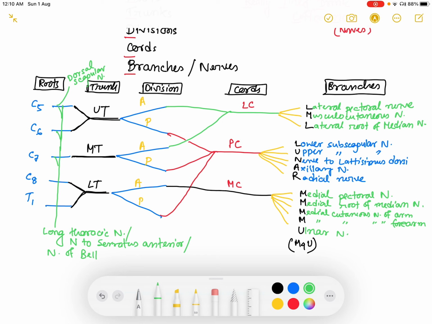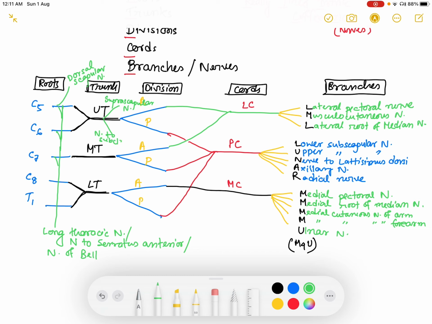And lastly, branches from the trunk. From the upper trunk there are two branches: one is the suprascapular nerve, and another is the nerve to subclavius.